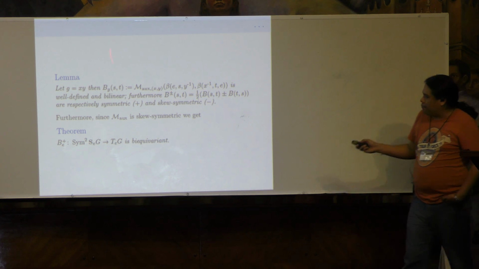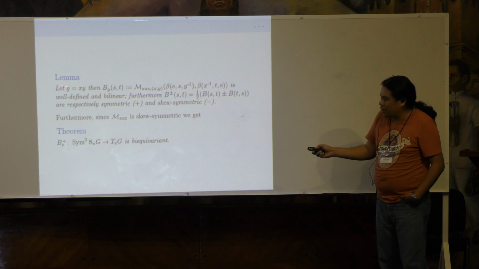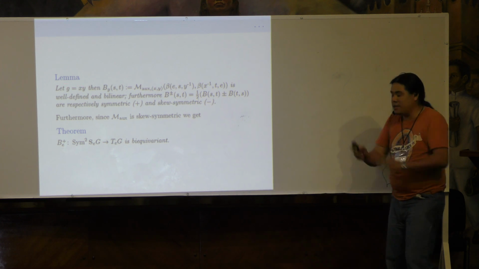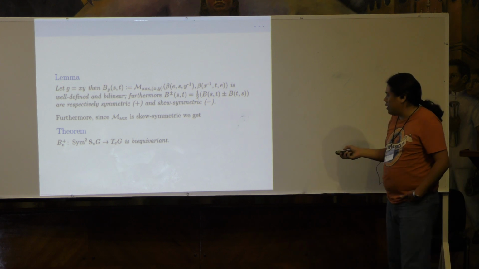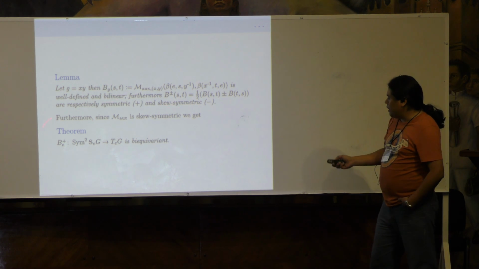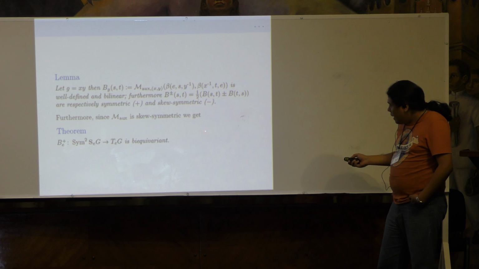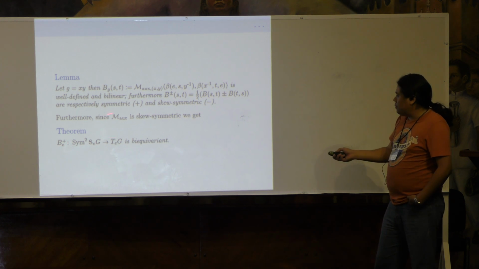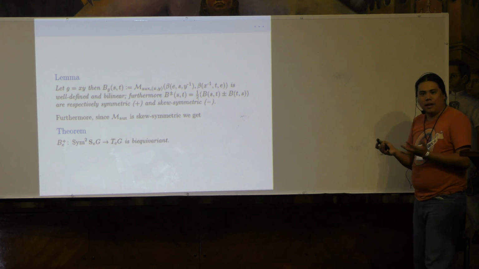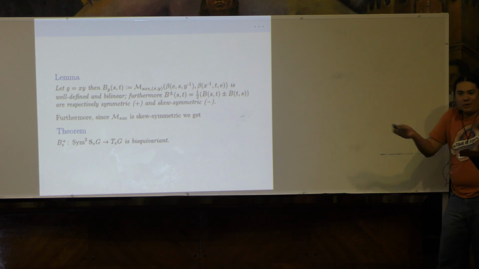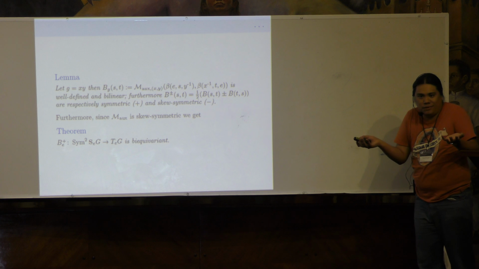Okay? But we still need to decompose G as a product of elements. And the thing is that that decomposition turns out to be immaterial for the symmetric part, because we know that the auxiliary differential should be a skew-symmetric map. So the symmetric parts just die.